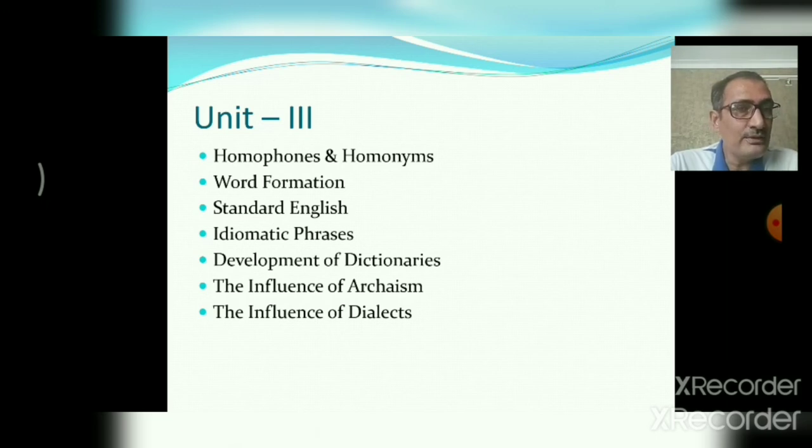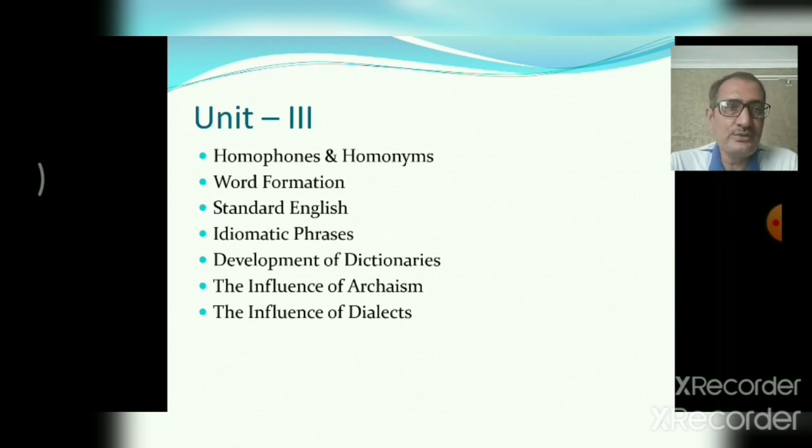And this influence of dialects is witnessed in every developed language. So we need to discuss this influence of dialects as well in this topic. This is the third unit, and this third unit is going to provide you many new things.